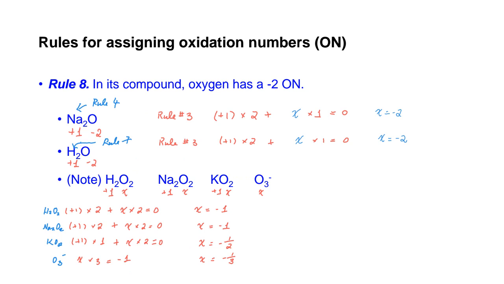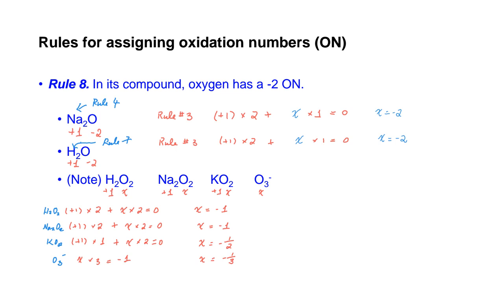Okay, here is the final rule. This is the rule for the oxidation number of oxygen. Remember that oxygen in general has a -2 oxidation number, but depending on the type of molecule we are dealing with, the oxidation number of oxygen can vary.